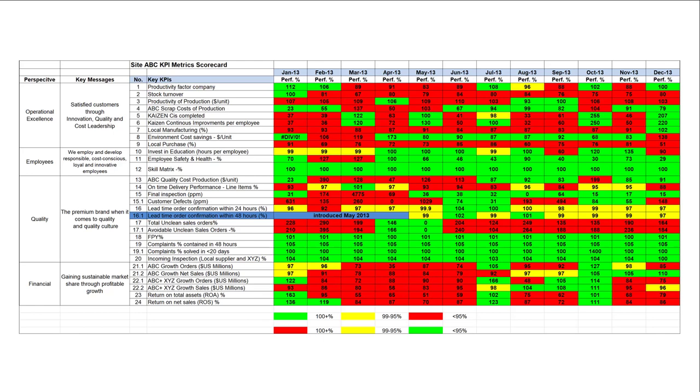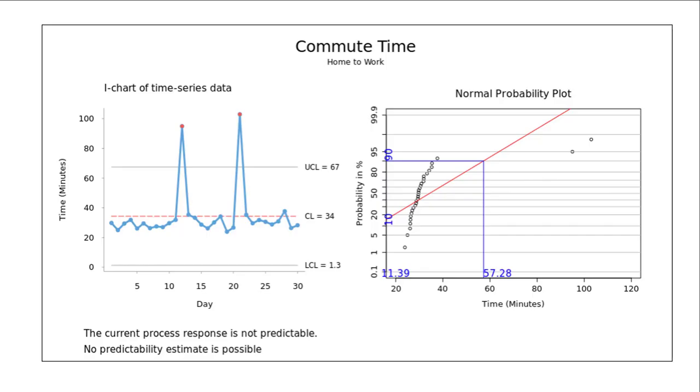A 30,000 foot level report format addresses this significant issue where unusual events are separated from the typical noise of the process response. In addition, with 30,000 foot level reporting, variation in the output's response is included in the report outs. I'll next illustrate the tracking of our commuter's commute time using a 30,000 foot level approach.